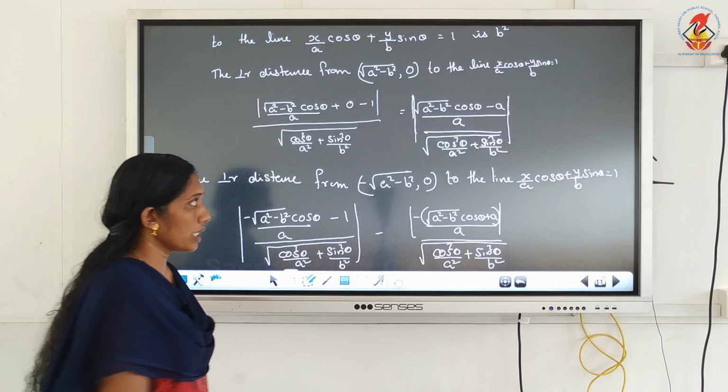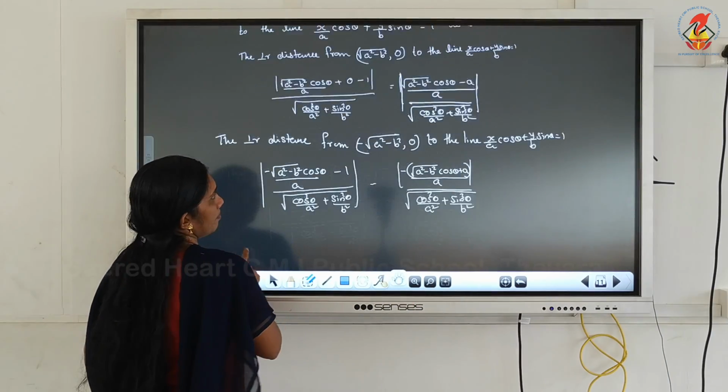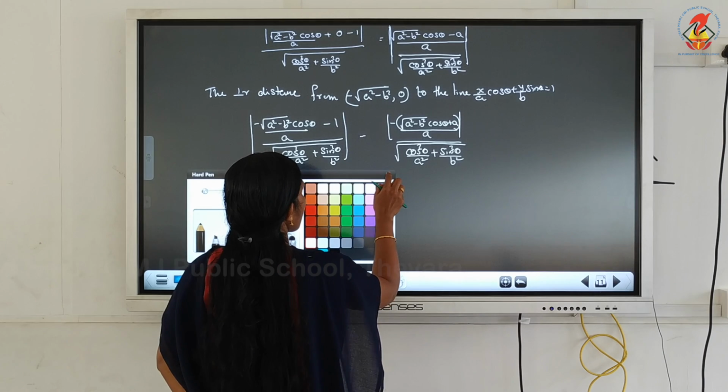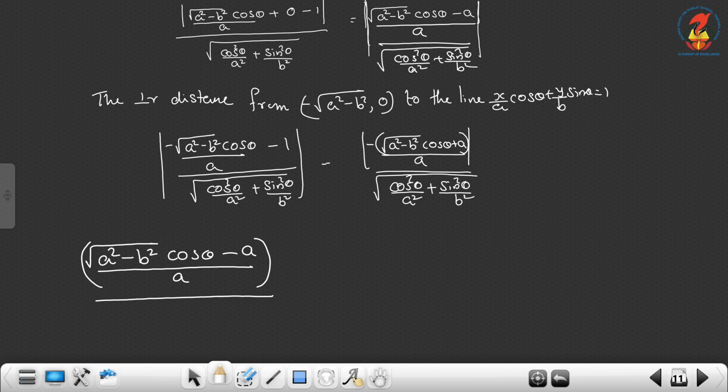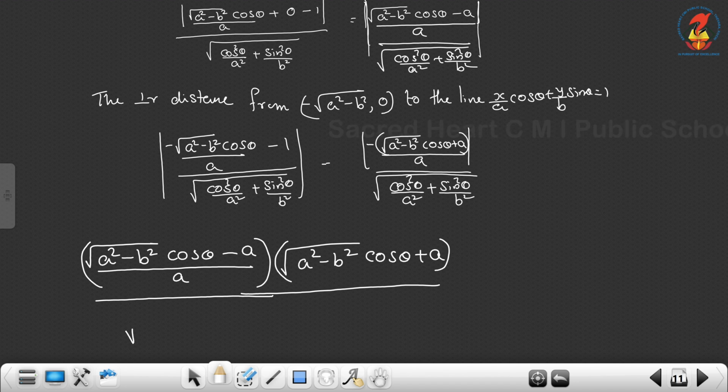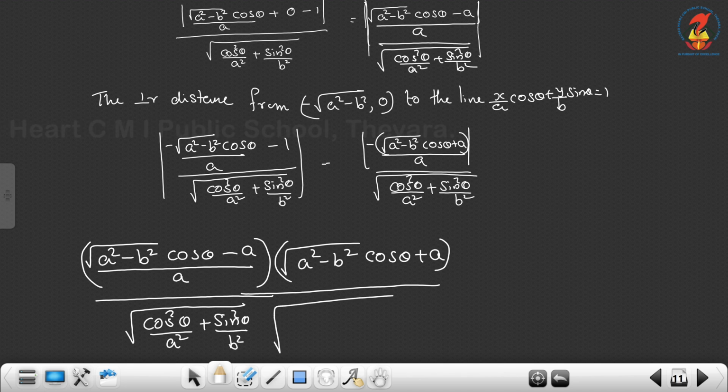Now we have to find the product of these two distances. So the first term is root of a square minus b square cos theta minus a, by a, by the root, then this into the second term, root of a square minus b square cos theta plus a, by the same root of cos square theta by a square plus sin square theta by b square.